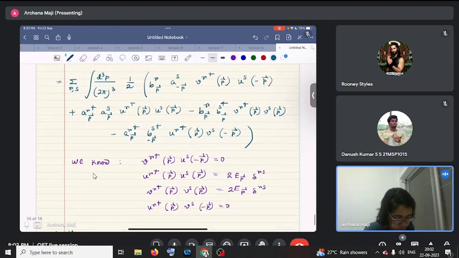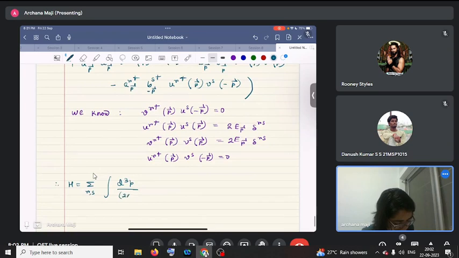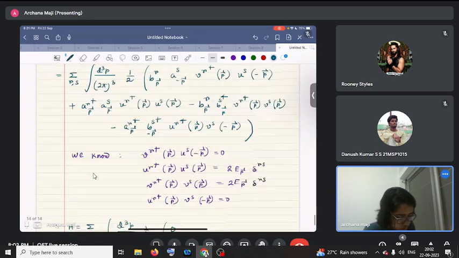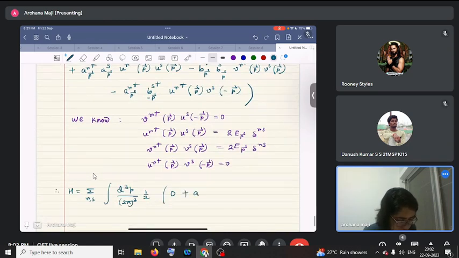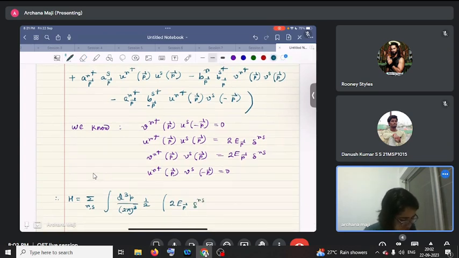the Hamiltonian is equal to the summation over r, s, integration d^3p over (2 pi)^3, half of, so 0 plus, I'll not write 0, 2 E_p delta_rs a_r dagger p a_s p.